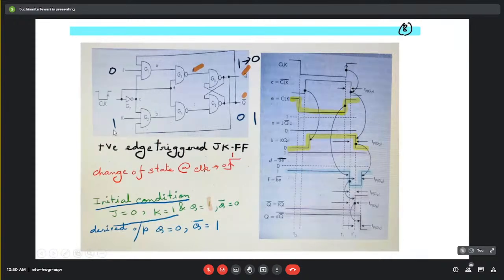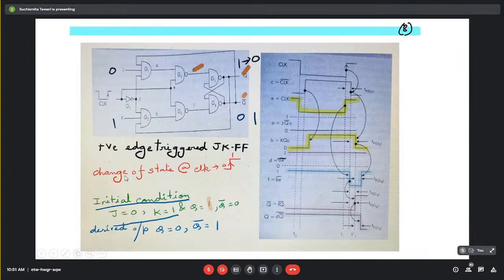So actually what you are asked to do is to show that at the positive edge of this clock signal, the output changes from its previous state, or not necessarily changes, but the output is actually reflecting the input over here, which is needed to be established.